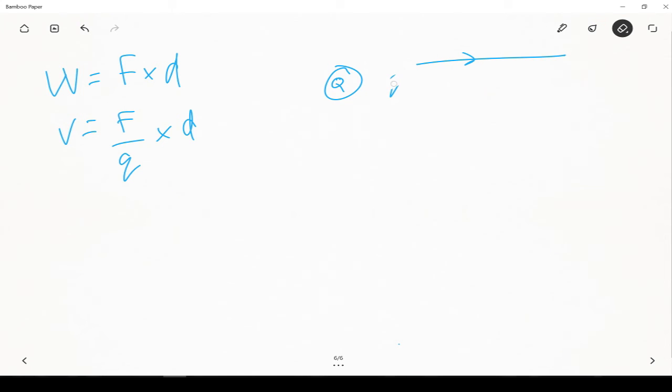So, to look at the simple way to do this without needing any calculus, you can just take your F over Q, which is E, and multiply it by the distance.